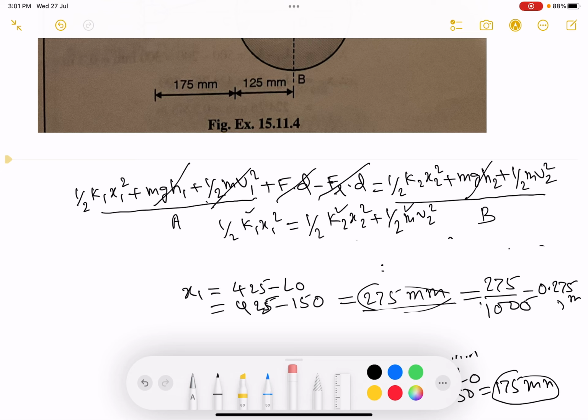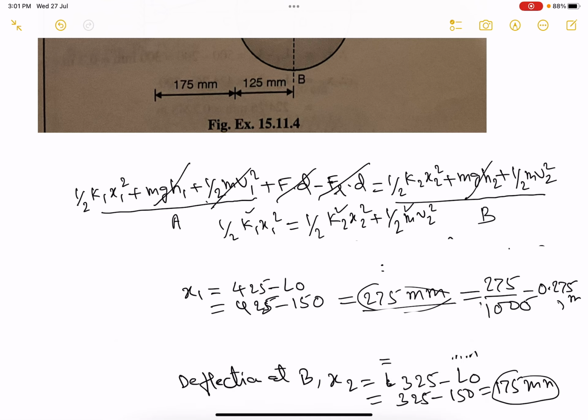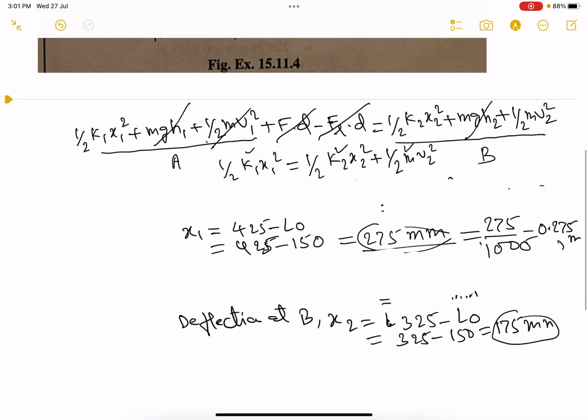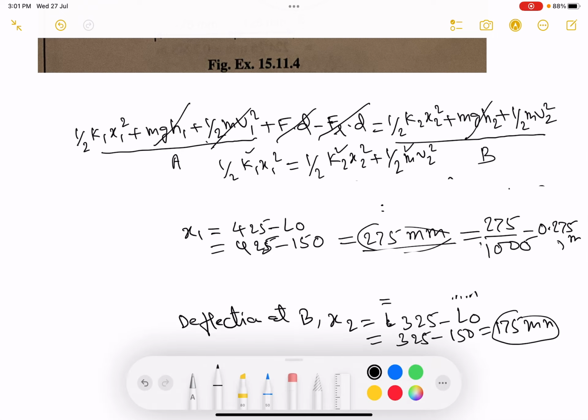Similarly x2 is 175 by 1000, which is 0.175 meters.